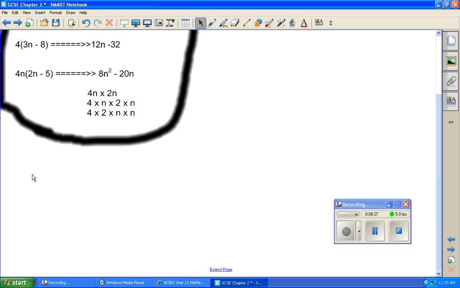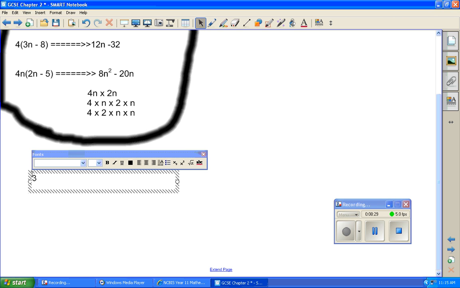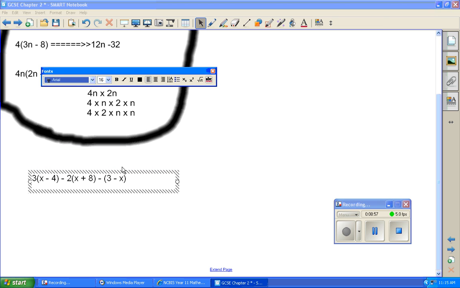Let's try an equation: (3x - 4) minus (2x + 8) minus (3 - x).